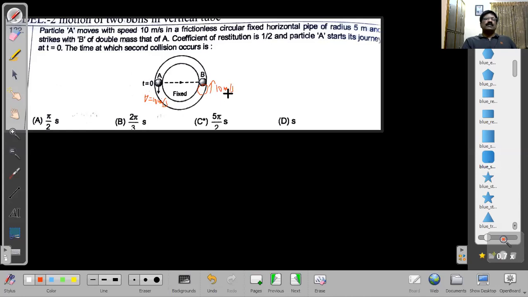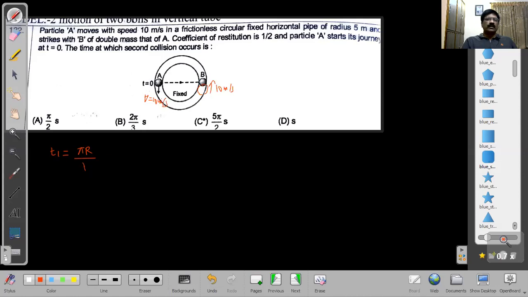So what is the time taken for this? Time taken by the first particle to travel from A to B along this path is T1. T1 is equal to distance traveled, which is half of the circumference, so pi r, by the speed with which the sphere travels, that is V equal to 10.